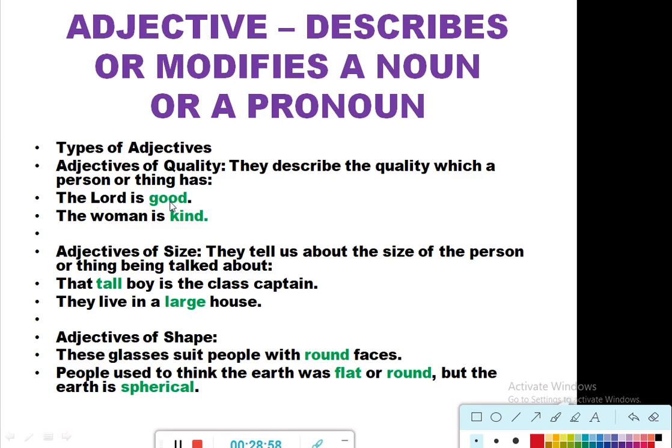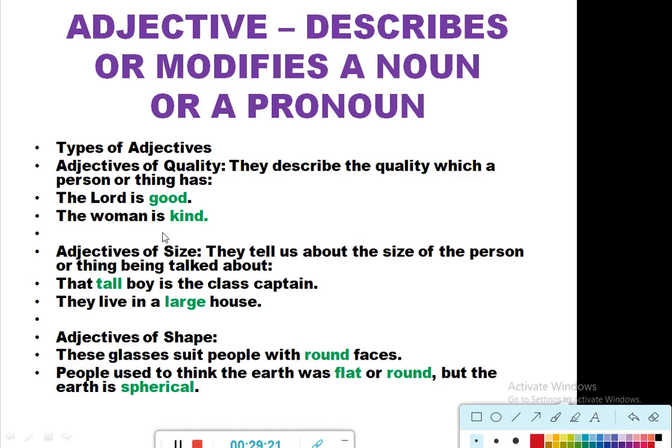Here we placed it after a linking verb, and when an adjective comes after a linking verb, it is used to perform the function of a complement. We can say the good Lord, or you can say the kind woman.